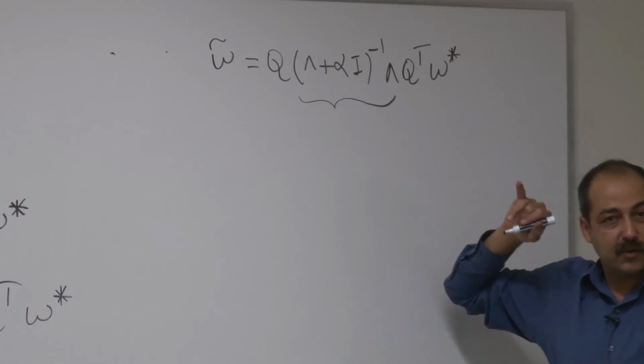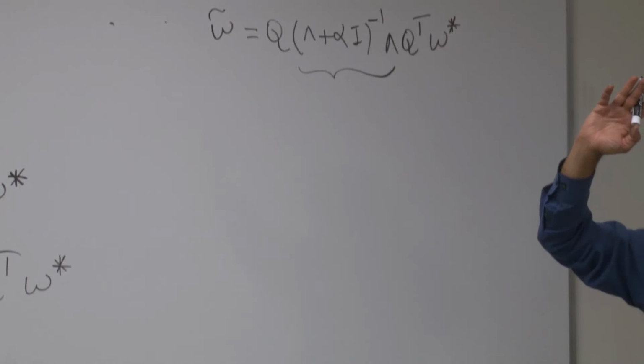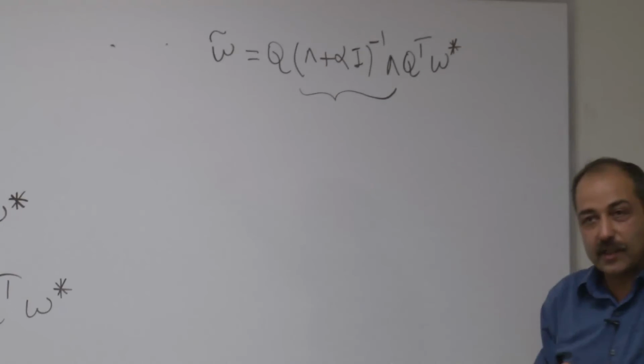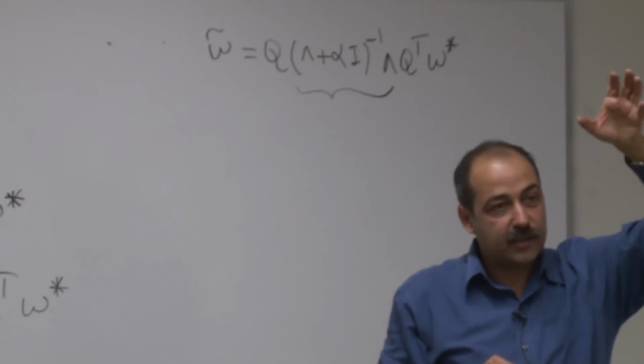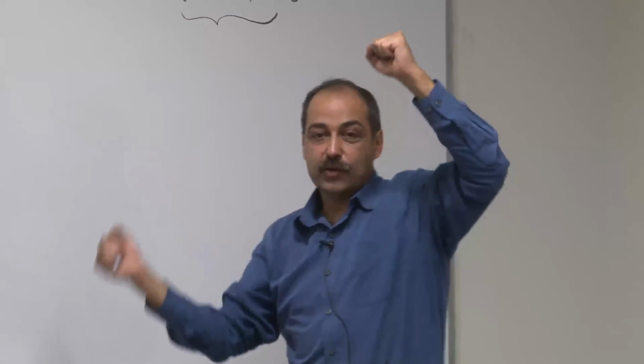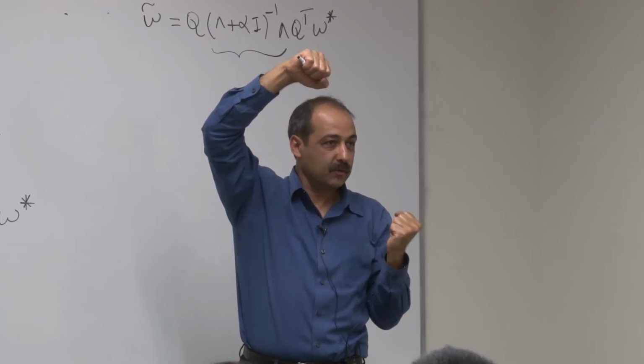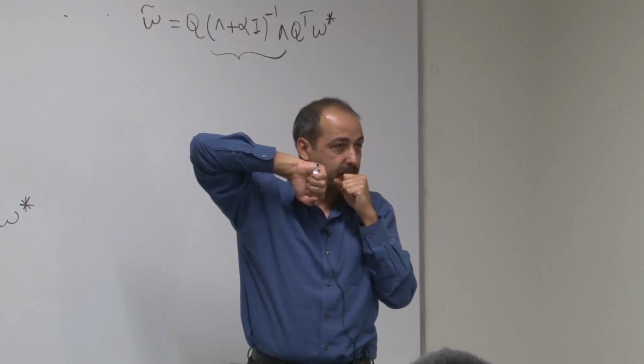So if alpha goes to 0, nothing is going to happen. One way of thinking about this is that Q transpose, since it's an orthonormal matrix, is like a rotation matrix. It's going to rotate my solution, but then Q is going to rotate it back to what it was.